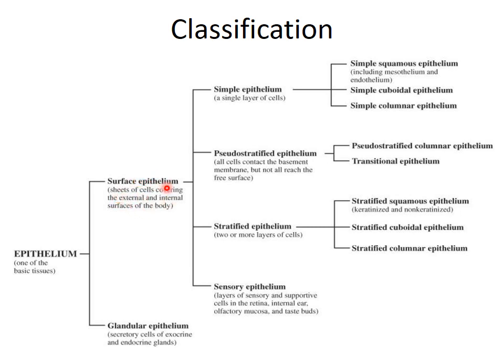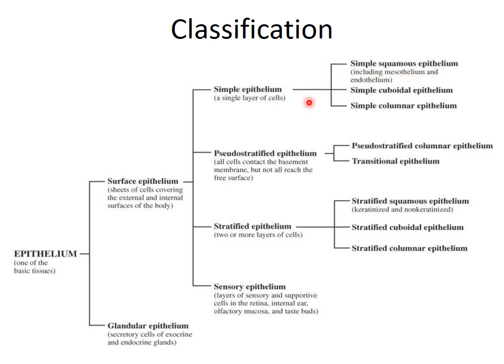Now, the surface epithelium, as we have discussed, if it is made up of a single layer of cells, then we call it a simple epithelium. According to the shape of the cells, if the cells are squamous and in a single layer, we call it a simple squamous epithelium.